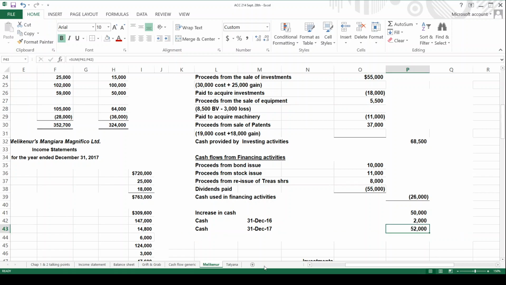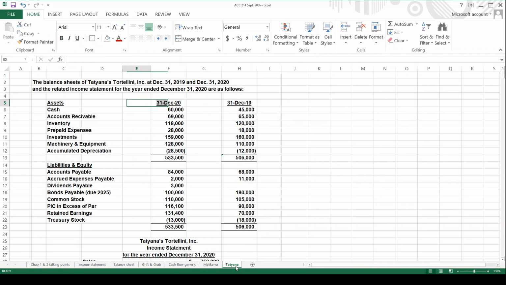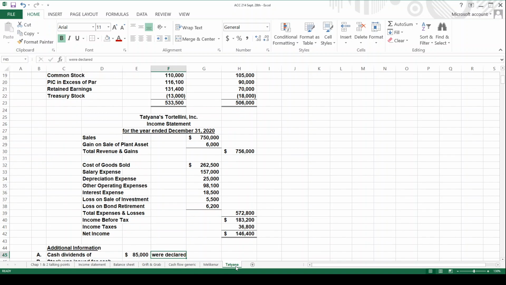Now, there is one other thing I want to mention. I mentioned it briefly earlier, but this one, Tatiana, which you're going to try and do on your own, Tatiana's Tortellini, bonds are paid down. That means money went out for the bonds. And it also means there would have been a gain or a loss.